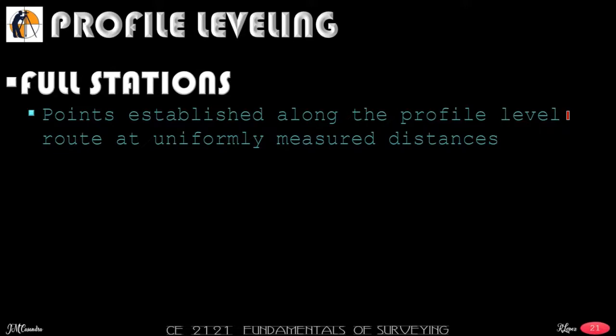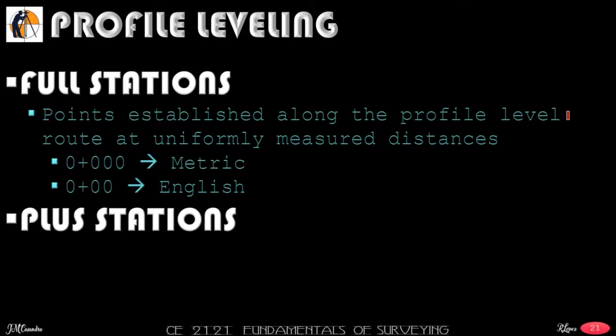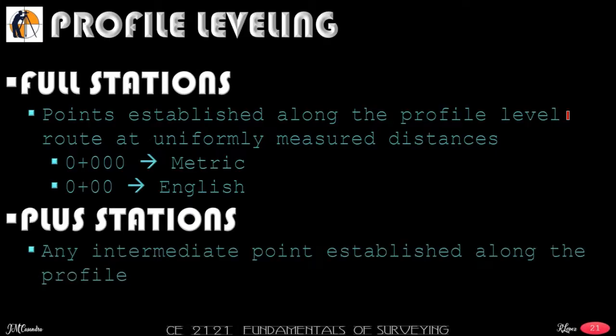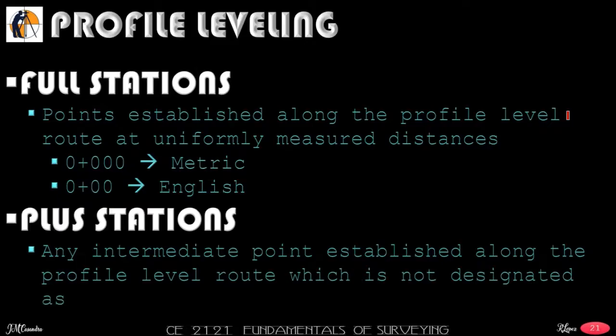Full stations are measured, for example, at 10, 20, 30, or you can have it at 20, 40, 60, and so on, as long as the stations are of equal distances. The second type is your plus stations, which are any intermediate points established along your profile level route which are not designated as a full station.